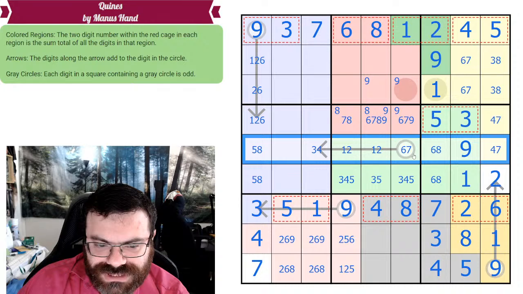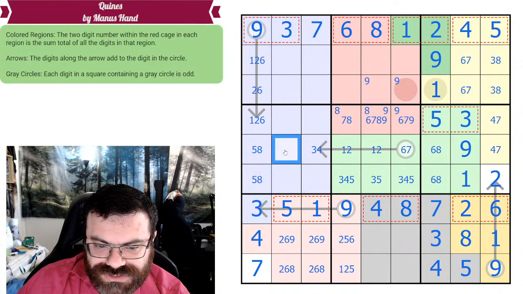Hidden 5 in row 5. This 5 sees here, and there's no other 5s present, so this is the 5, this is the 8.